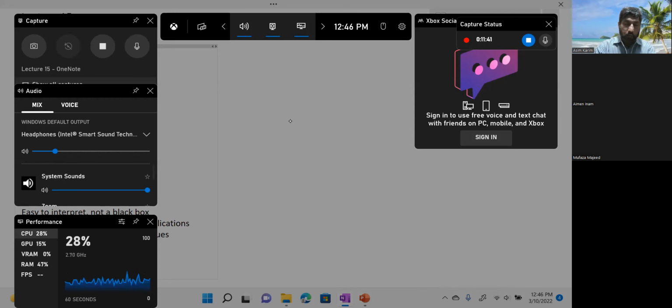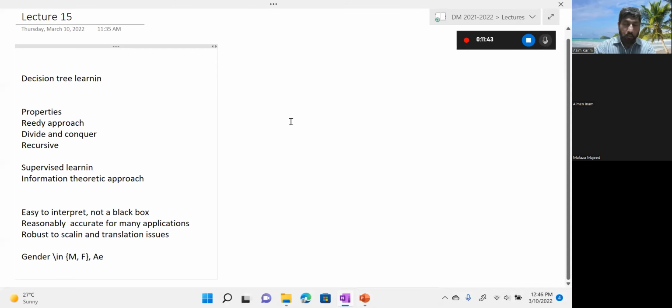And let's say we have age: teen, 20s, and above 30. So three labels. And let's say we have a third attribute, education.